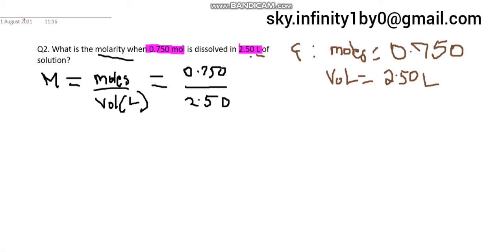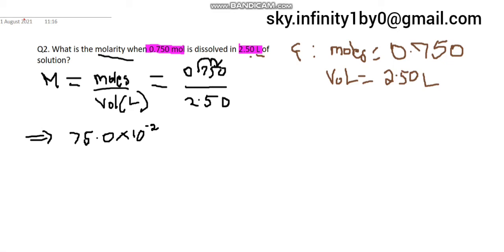First of all, the decimal point in the numerator is being shifted by 2 places. So the numerator will be 75.0 into 10 raised to minus 2, since we have shifted it 2 decimal places ahead.